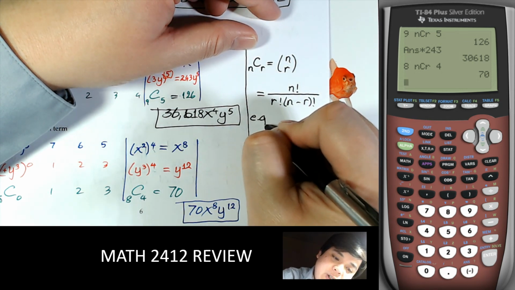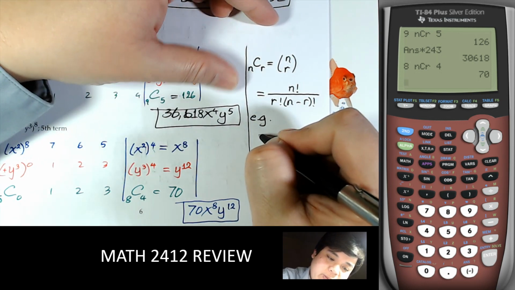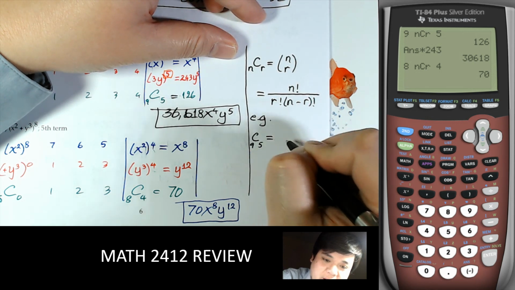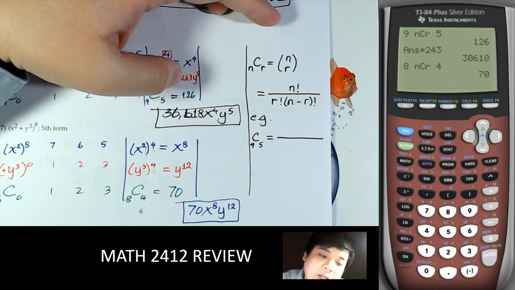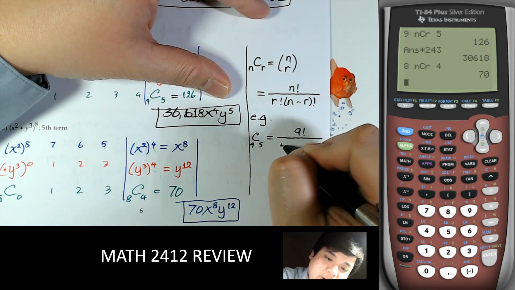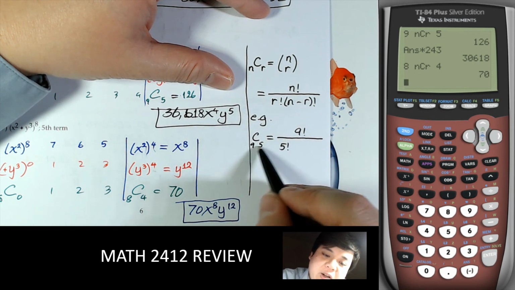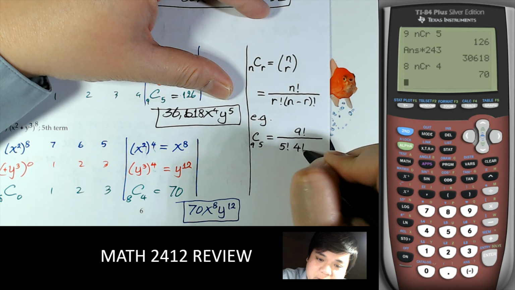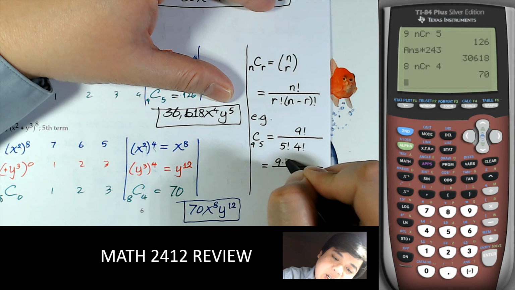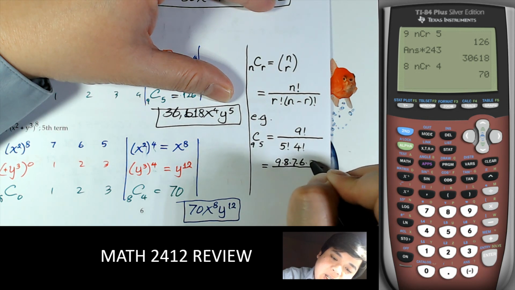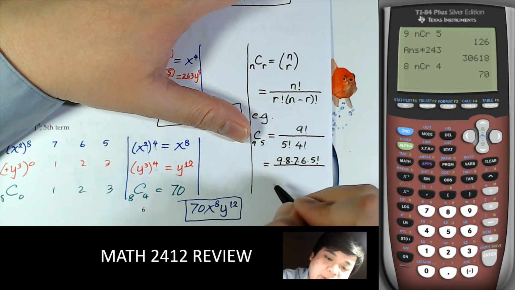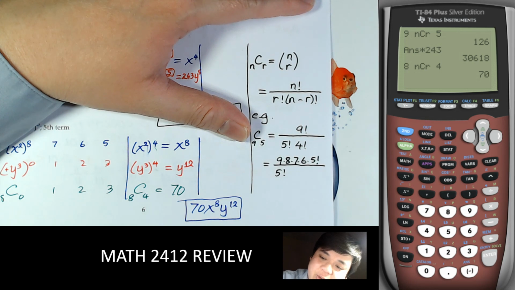So for example, if we want the combination of 9, 5, we're going to have 9 factorial over 5 factorial, and then 9 minus 5 factorial, so it will be 4 factorial. 9 factorial means 9, 8, 7, 6, and 5, and so on, but I'm going to stop at 5, so 5 factorial cancels out nicely.